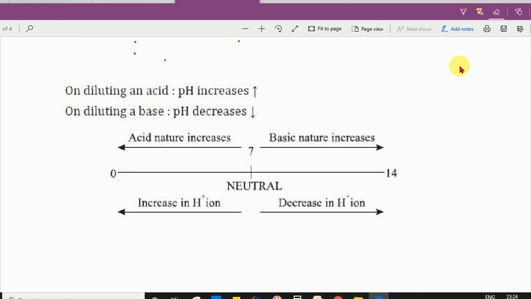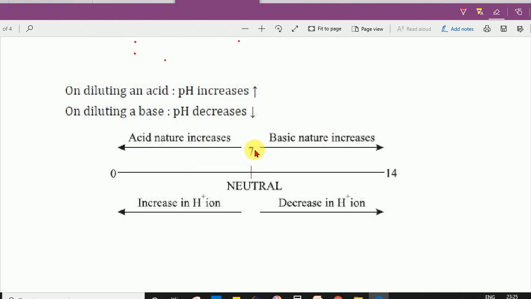You will learn this formula in class 11, not now. Here you only need to know that if pH equals 7, then the solution is neutral in nature. If pH is going below 7, then the nature of the solution is acidic, and the acidic nature is increasing.